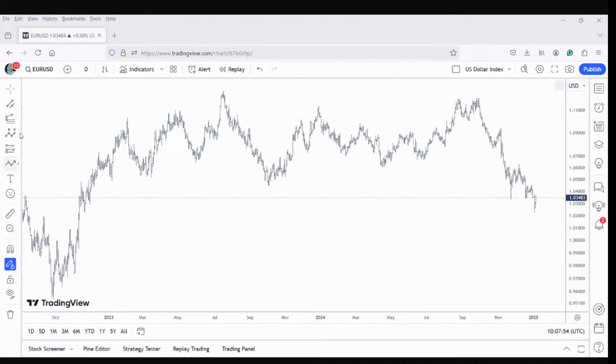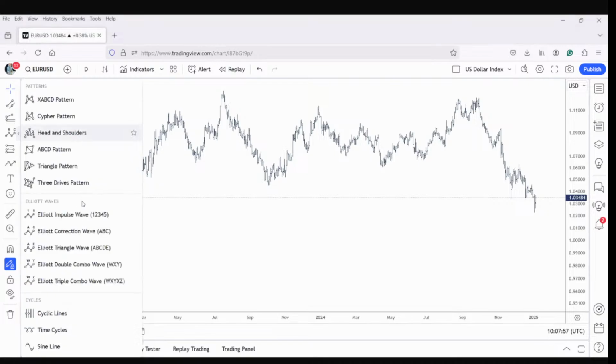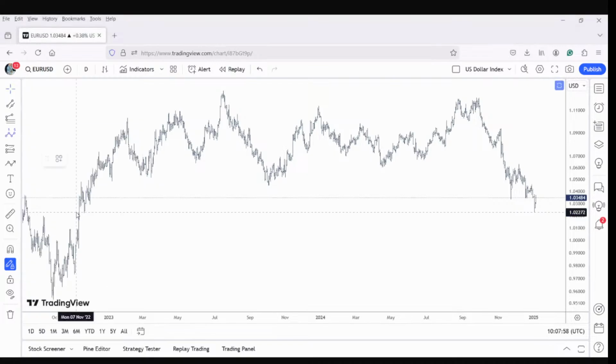So let's first do the larger degree count. For those new, this is for you, ladies and gentlemen, the larger degree counts, and for those who have been following us, we'll be getting on to the hourly chart very soon now.